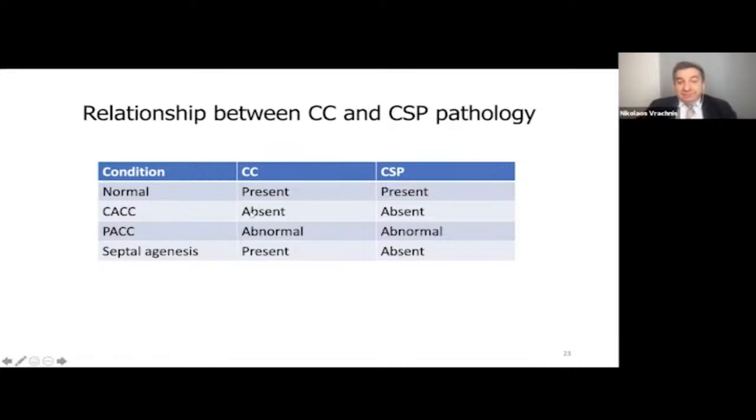And if the corpus callosum is present, but the CSP is absent, then we are talking about the diagnosis of septal agenesis.